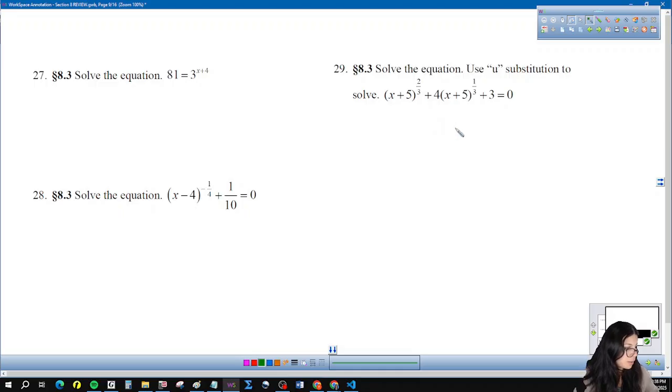Moving right along, we're going to go ahead and do number 27. So on 27, we need to solve this equation. Remember that as long as the base is the same, then the powers are equal. And I can actually write 81 as a power of 3. Now, I know that I need to do this because in order to solve this, the bases have to be the same.